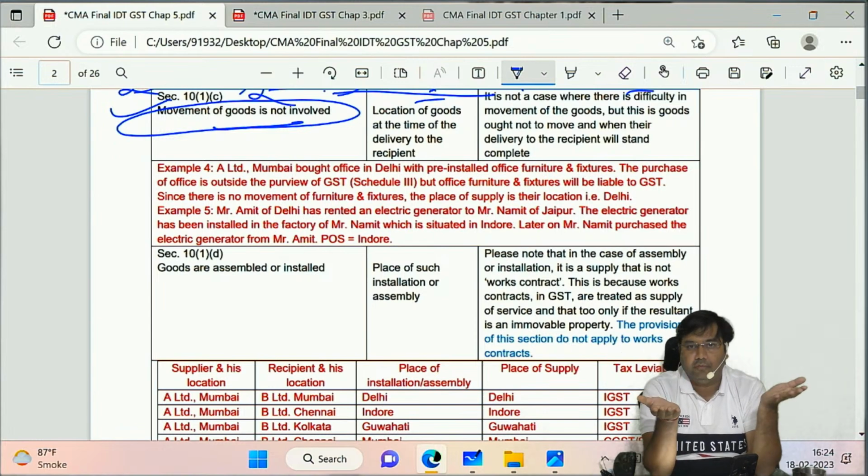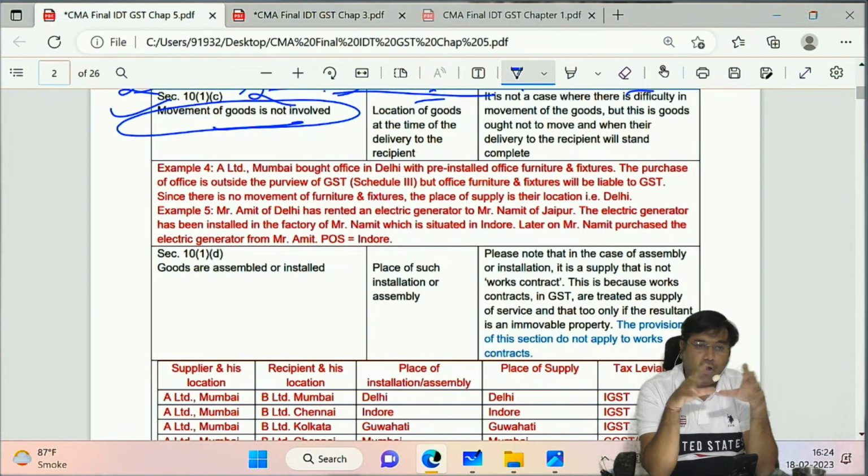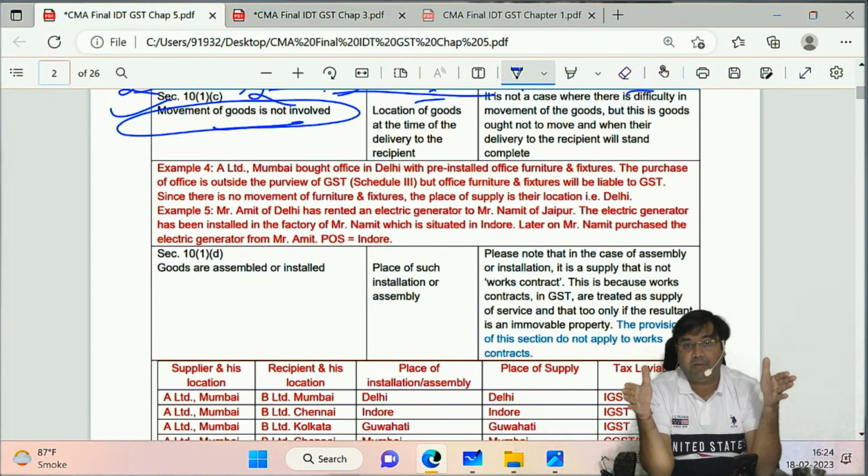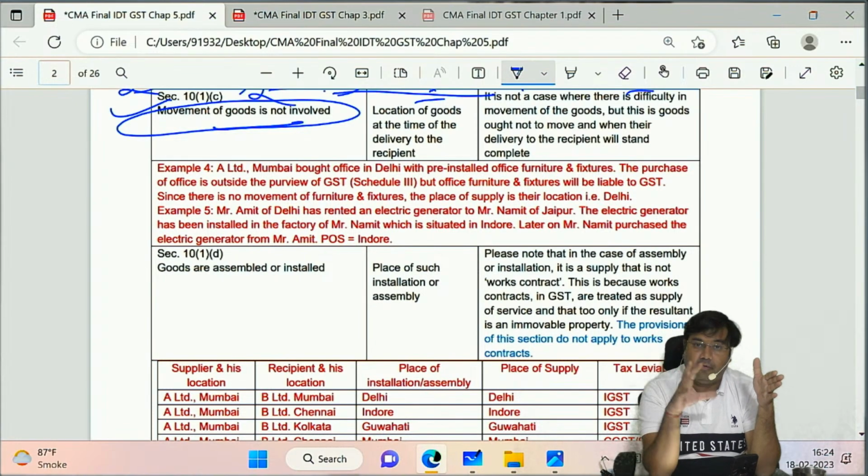Of course not, because I need that office along with that furniture. A fully furnished office I bought. Now the office is immovable property. Furniture is movable property. So furniture is goods, but the office is basically a supply of service. Correct? So I bought a fully furnished office.